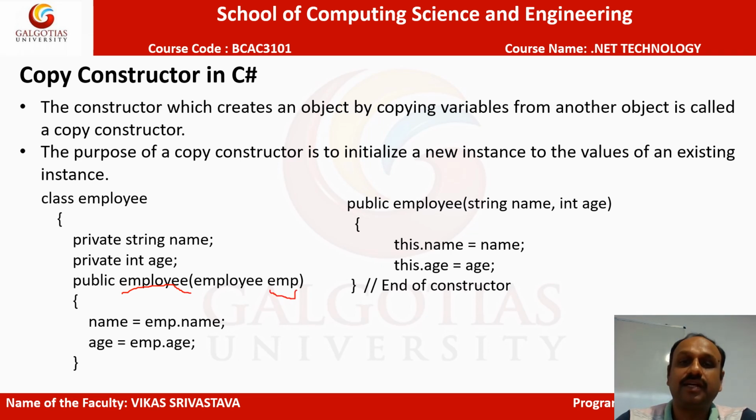It means that you are passing the reference of the object, and here it is a parameterized constructor with string name and string age. With this you can initialize the values. Then afterwards, when you create an object and pass it into another object as a reference, then automatically the same values will be initialized.